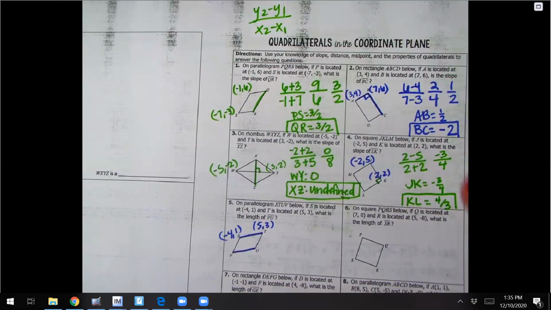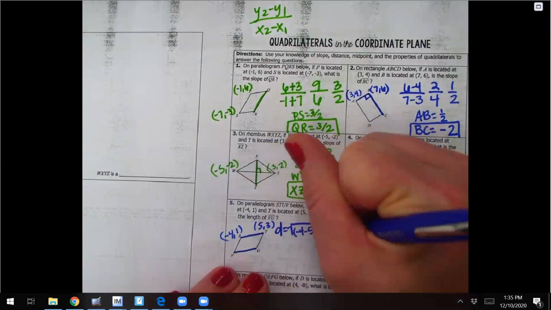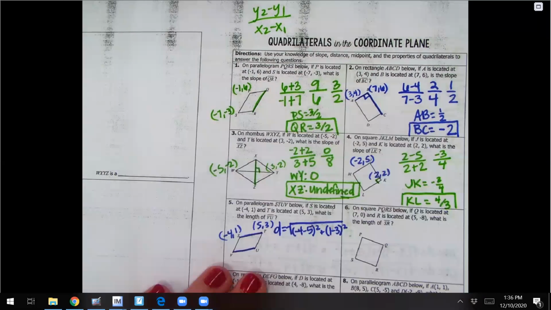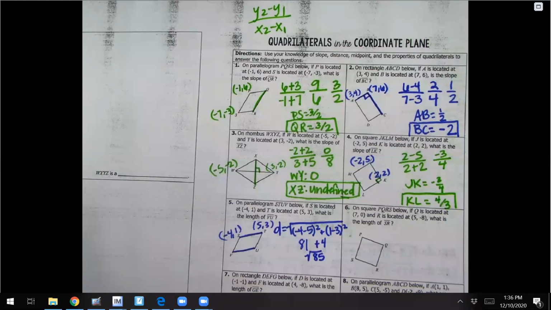-4 minus 5 squared plus 1 minus 3 squared. -4 minus 5 is -9. -9 squared is 81. 1 minus 3 is -2. -2 squared is 4. So we're dealing with the square root of 85. Now, this is a length, so I'm going to go ahead and get the square root of that so we can get an approximate length.